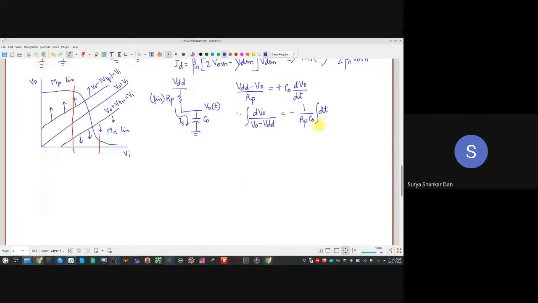The range is 0 to t. When t equals 0, what is the value which we will expect? This is VO, and it is charging up. That means CO was initially 0, then it is charging up to VDD. Therefore VO(t) is equal to, very simple, ln of VO minus VDD.